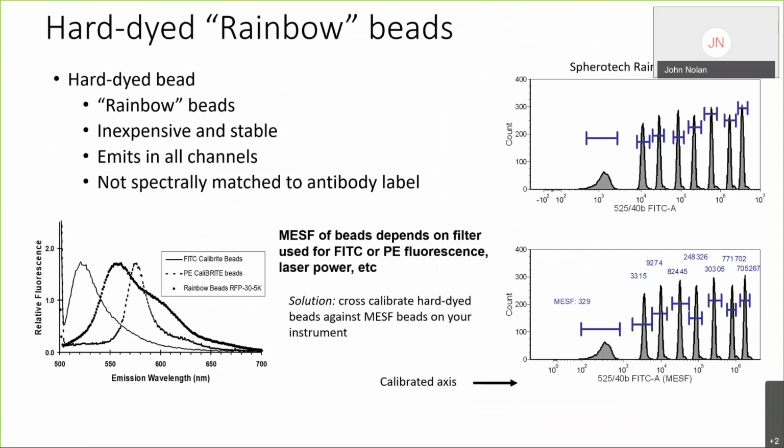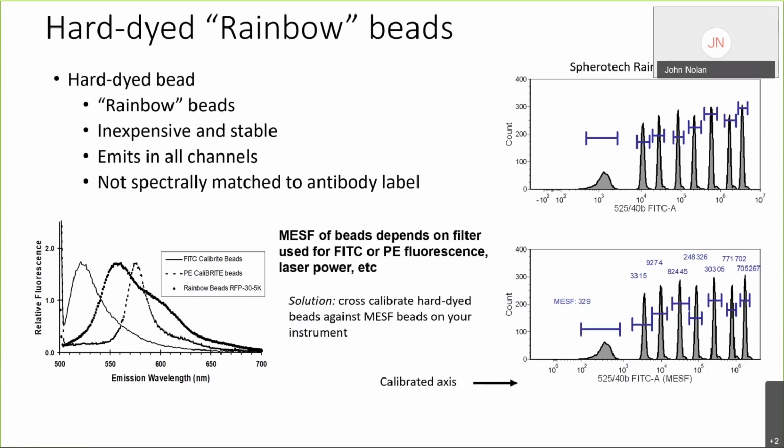There are multi-fluor, multi-intensity beads, so-called rainbow beads, that are relatively inexpensive, quite stable, and fluoresce on all channels. These are useful, part of the calibration toolbox.